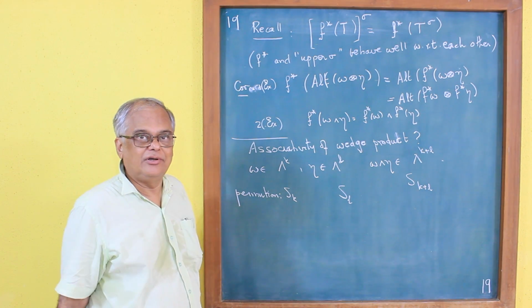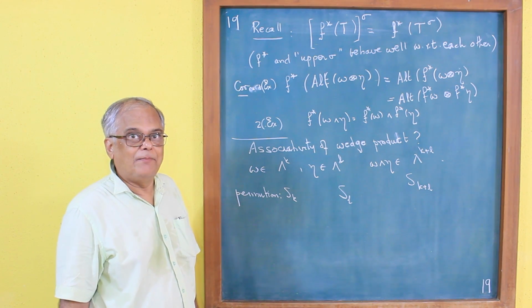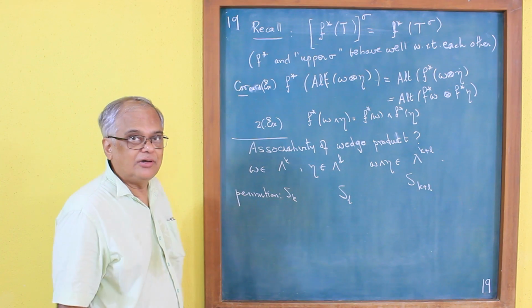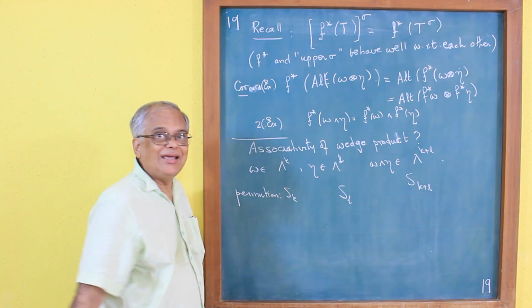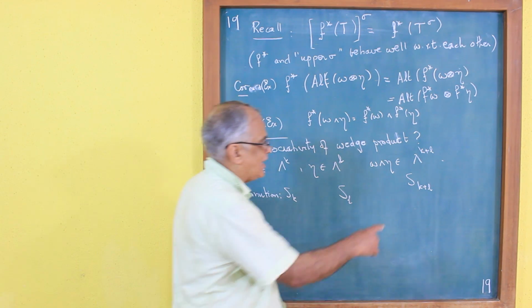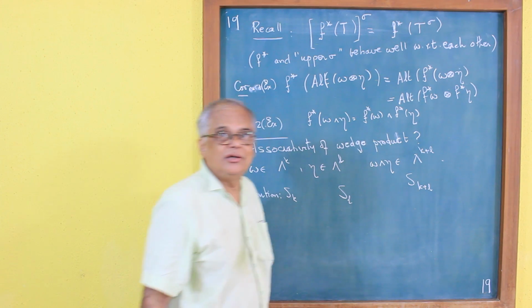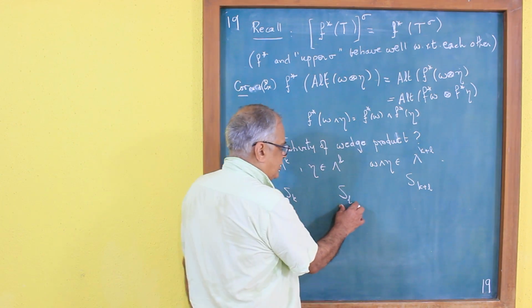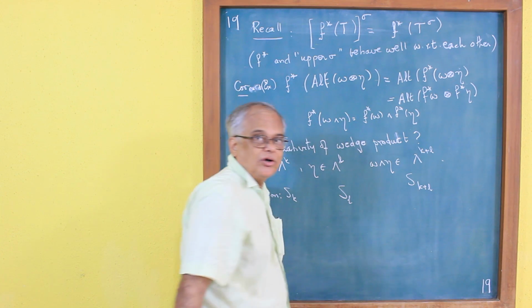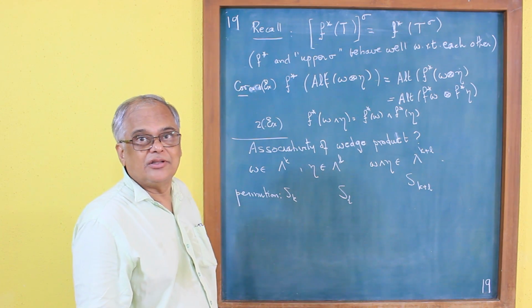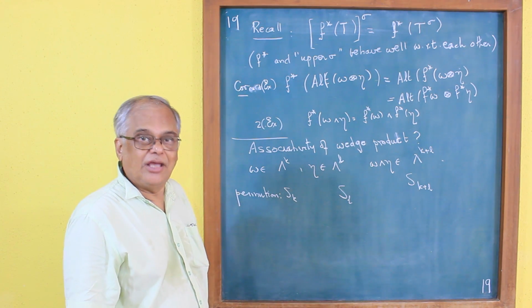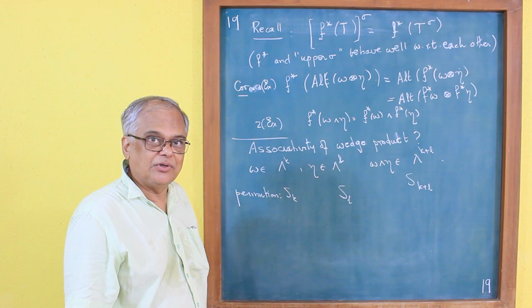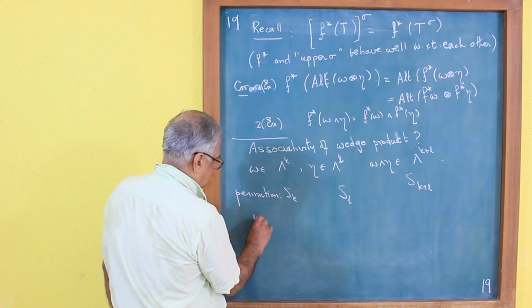These are three different permutation groups. But we can think of the permutation group on K letters as sitting inside the permutation group on K plus L letters. And similarly, the permutation group on L letters can also be thought of as sitting inside the permutation group on K plus L letters. How do you think about this?